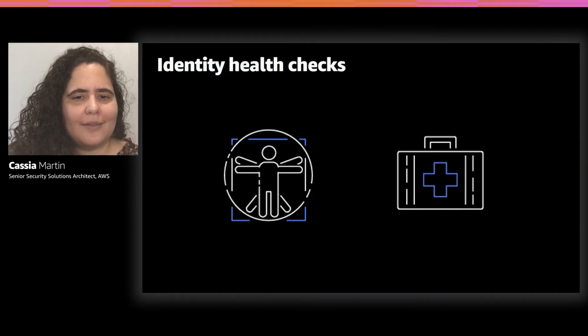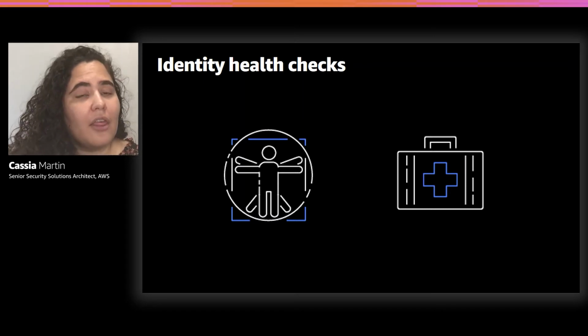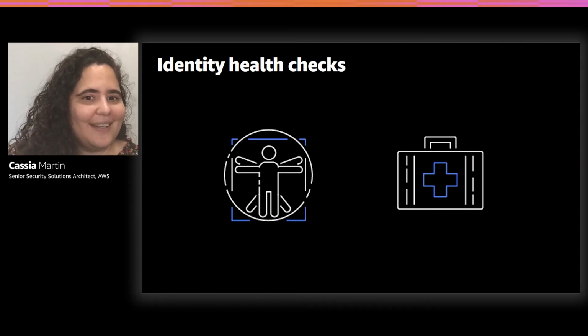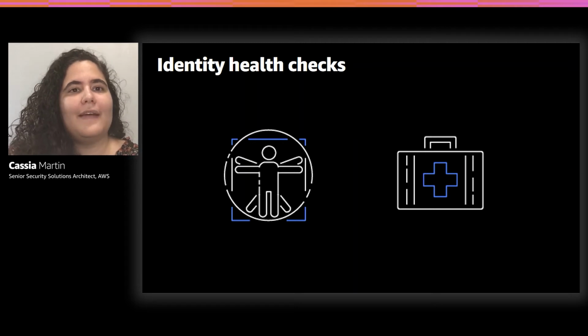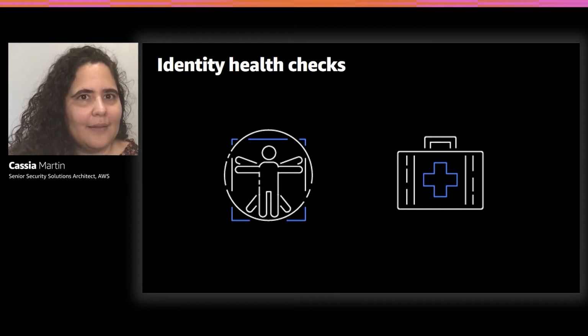So for me, let's talk about identity. What does that mean? Identity is the system you use to authenticate your users and authorize them to give them access to all the right information that they need to do their job. The foundational service for identity at AWS is IAM, Identity and Access Management.